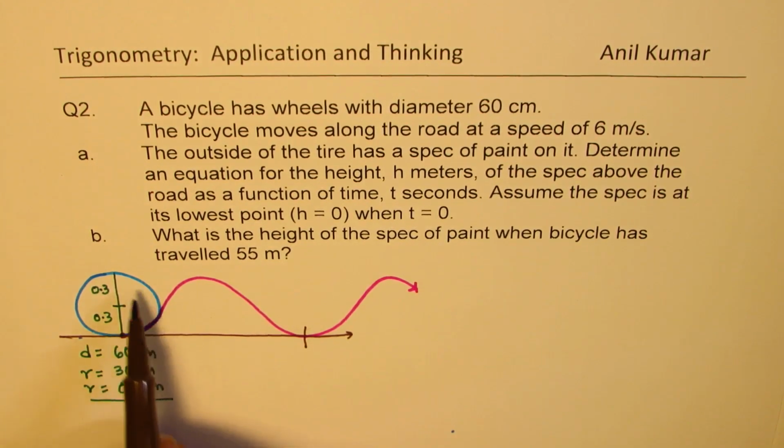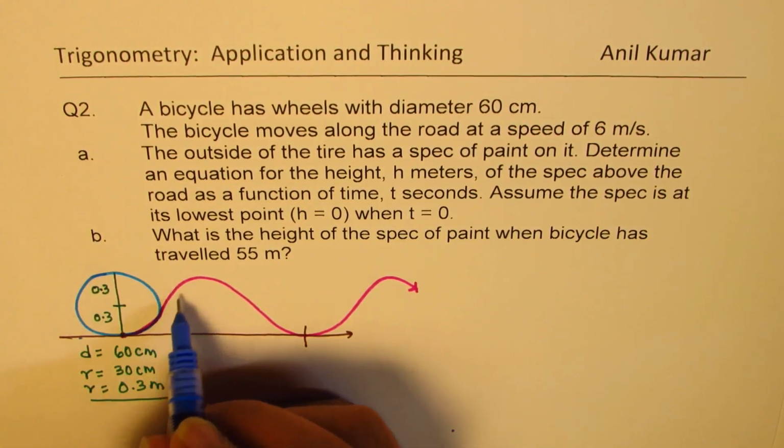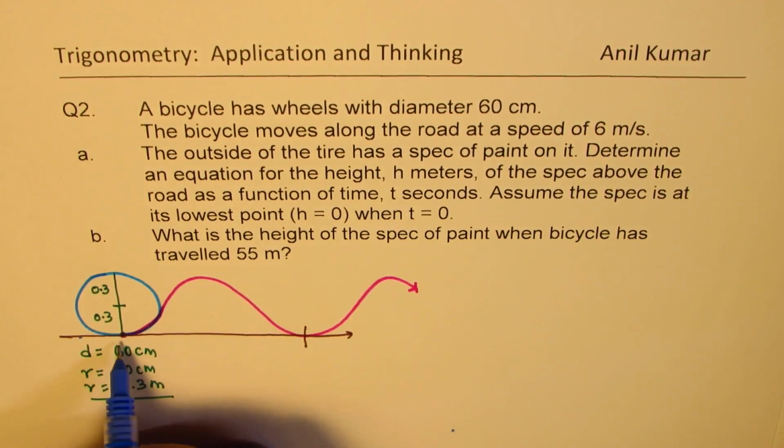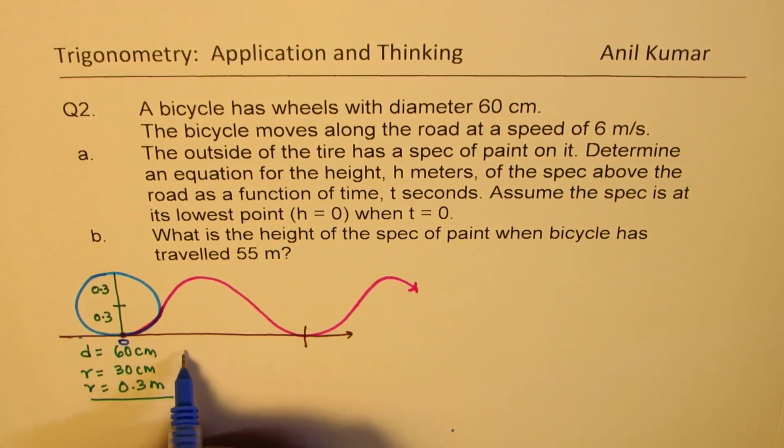Perfect? Okay. Now, how do we get that? Let's also understand that one rotation means, because this whole distance is how much? That is what we are interested in figuring out. Now, this one cycle means circumference. So from here, the distance from 0 should be equal to the circumference, right?